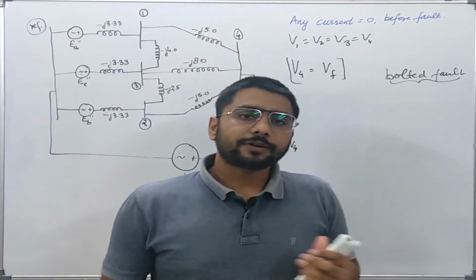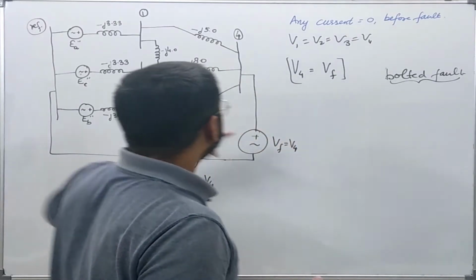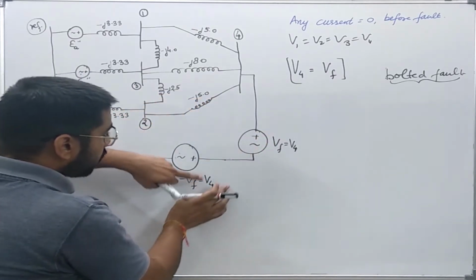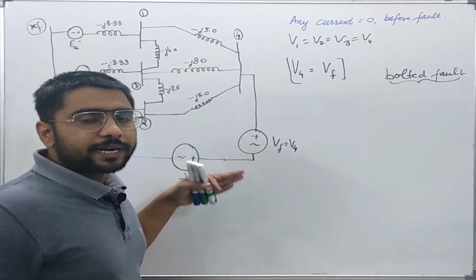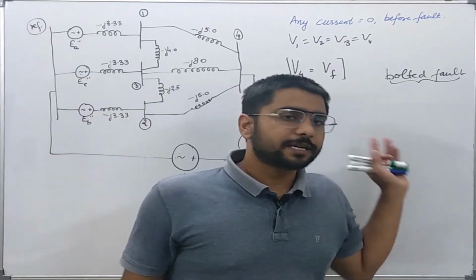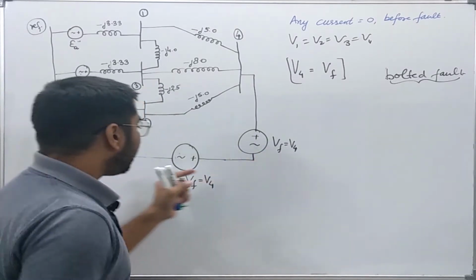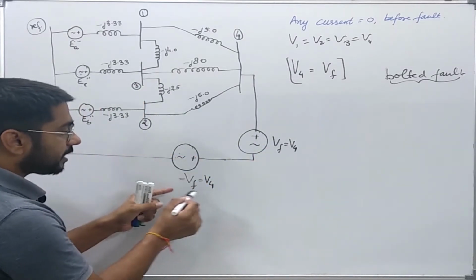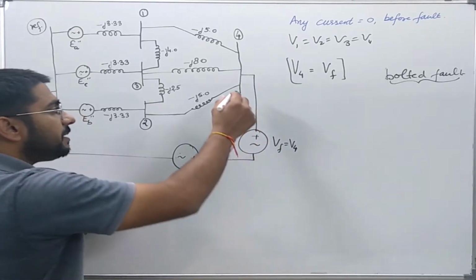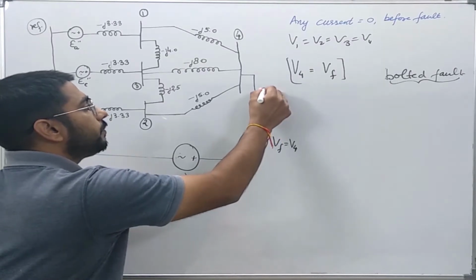Now we will try to find the voltage drop because of the source which we have connected to simulate the fault. Earlier there was no current in the system when this source was connected, but now when this source is connected, there will be some current going out from bus 4.